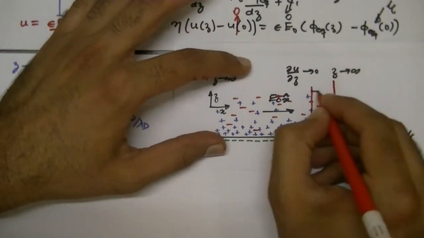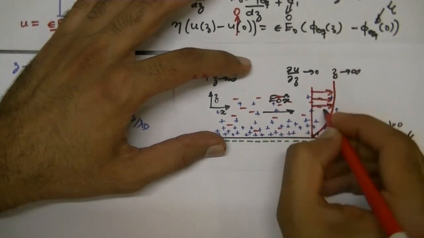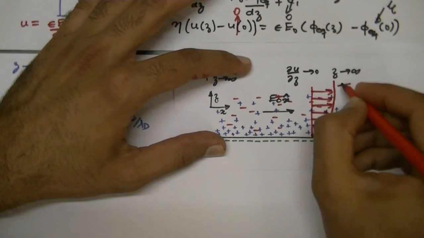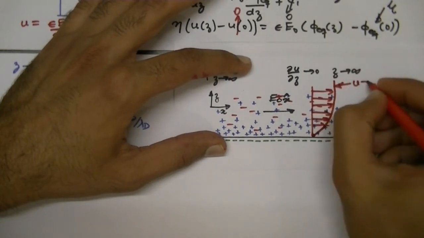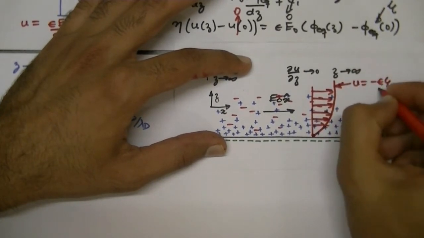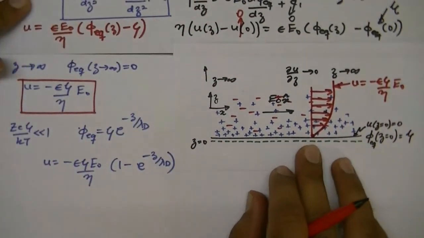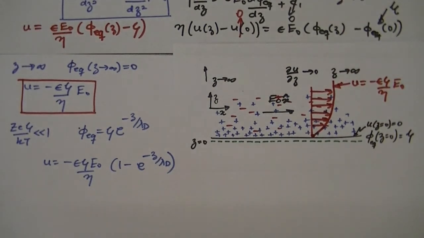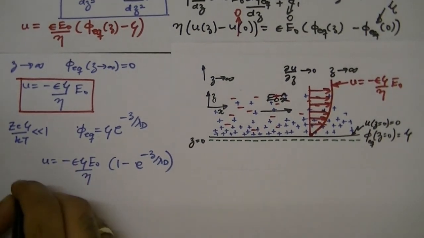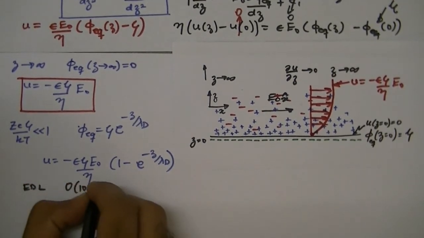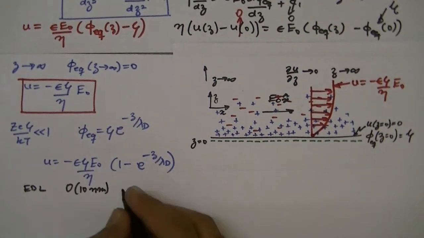So this is the velocity profile within the EDL, and outside the EDL the velocity is minus epsilon zeta over eta times the applied electric field. Now we note that for most practical cases the EDL is actually very thin. So we know that EDL thickness is of the order of 10 nanometers or even smaller.